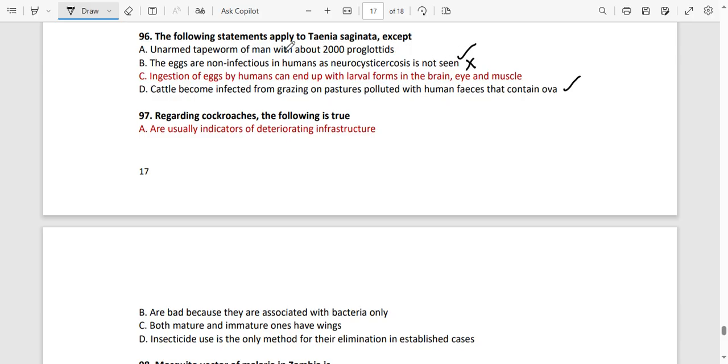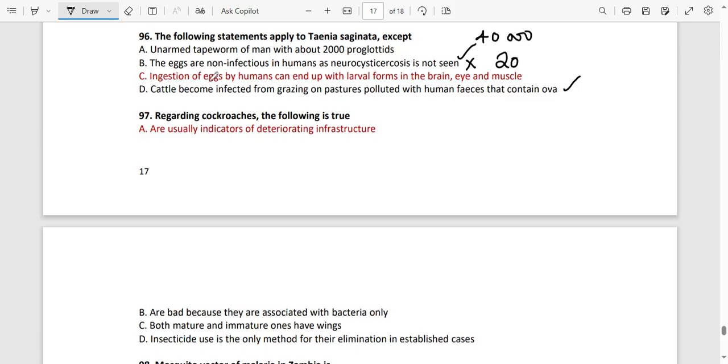And then an armed tapeworm of man with 2,000 proglottids. This is specifically supposed to be 40,000, but the 40,000 is more specific to Taenia solium. What I was finding for Taenia saginata is something like 2,000 to 40,000.